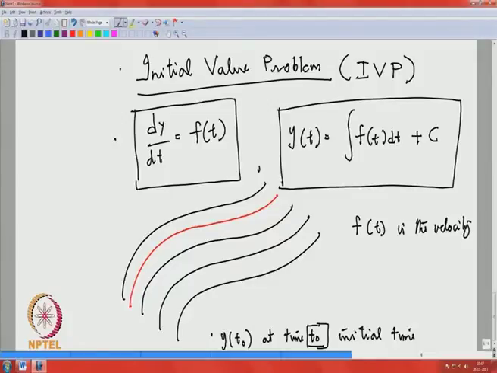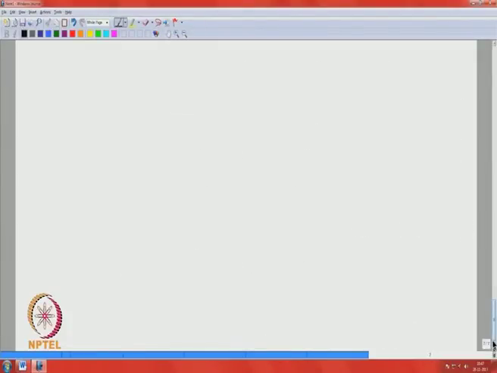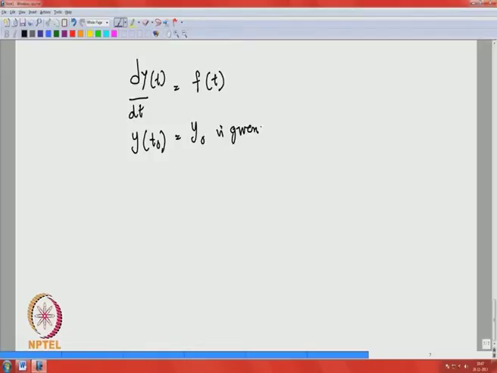So, this constitutes a good physical problem: dy by dt equal to f of t, and then y at t naught, your initial position y naught, is given to you. This together is called the initial value problem.